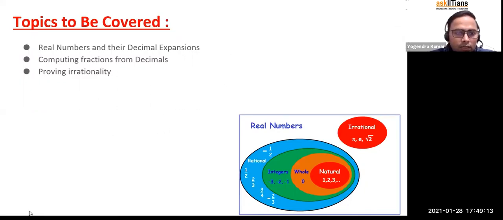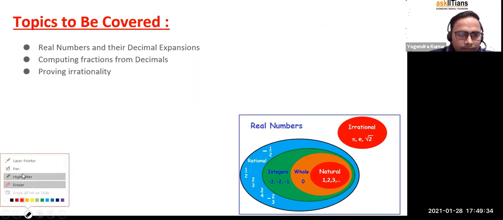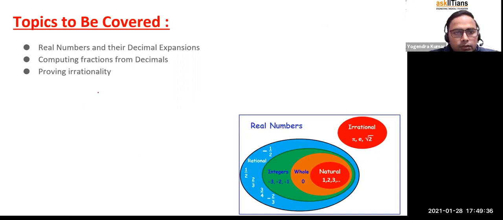Real numbers can be divided into two categories.